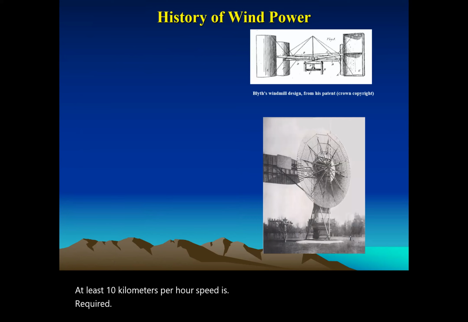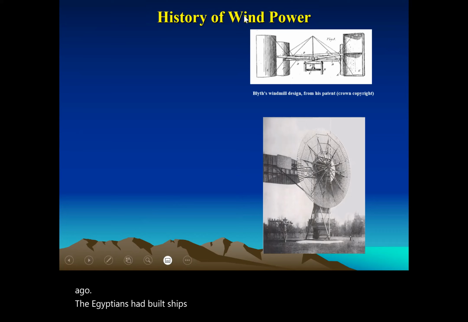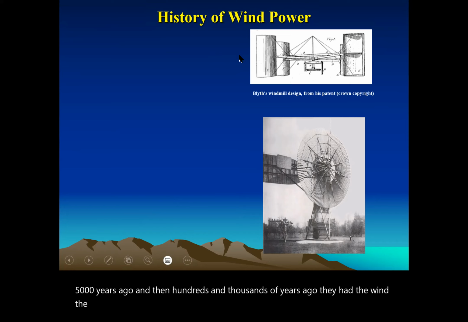And this is a very brief history of wind power. There are reports that show human beings have been harvesting wind energy for thousands of years. The Egyptians had built ships that sailed with sails 5,000 years ago. And then hundreds and thousands of years ago, they had windmills for grinding grain, pumping water, or cutting wood and so forth.